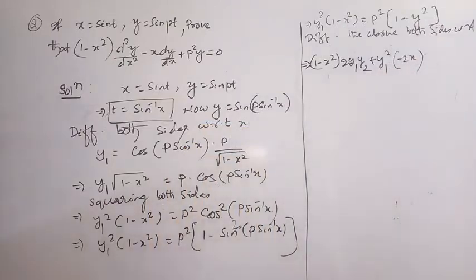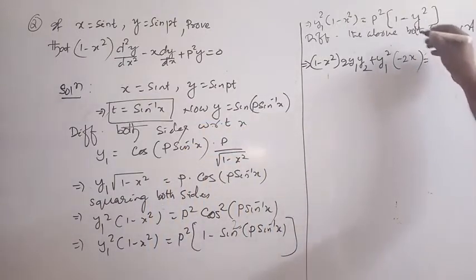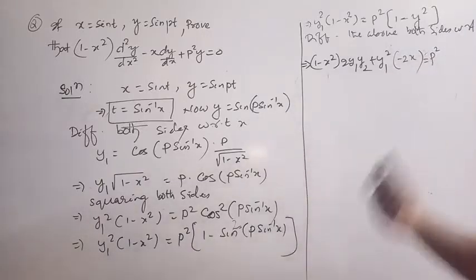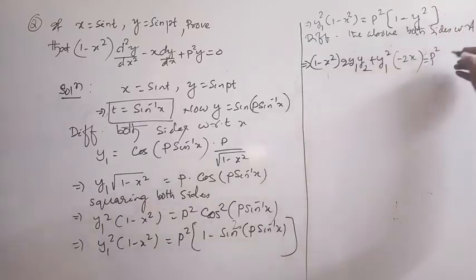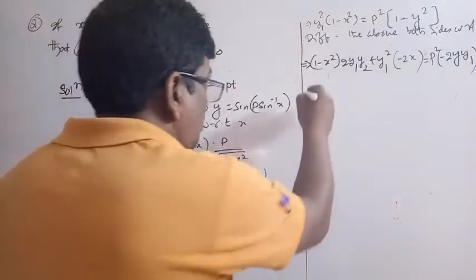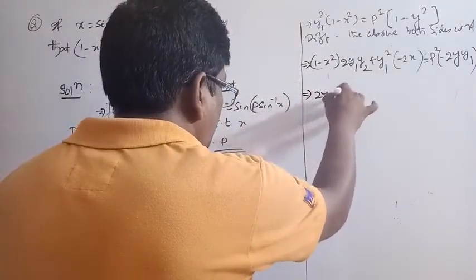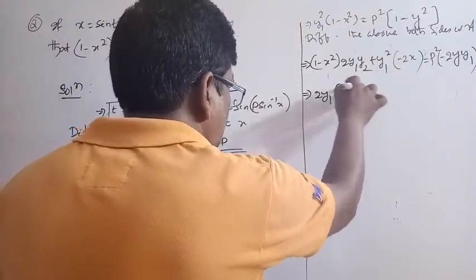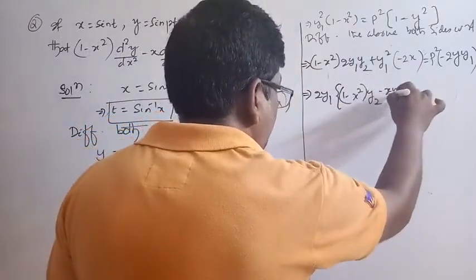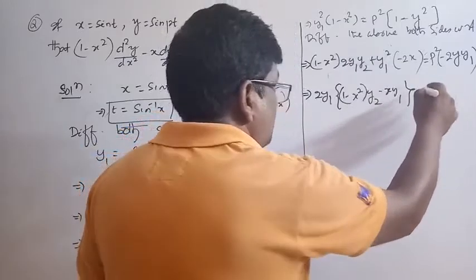Okay, then is equal to p square constant, so remains as it is, and derivative of 1 is 0, minus sign here, so minus derivative of y square means 2y into y1. Now this is common here: 2y1 common, so 1 minus x square into y2, 2y1 common, so minus x y1 here, and this is equal to what?